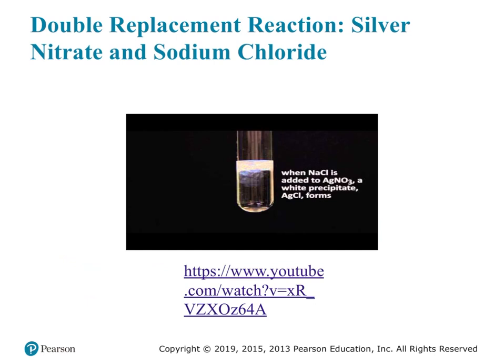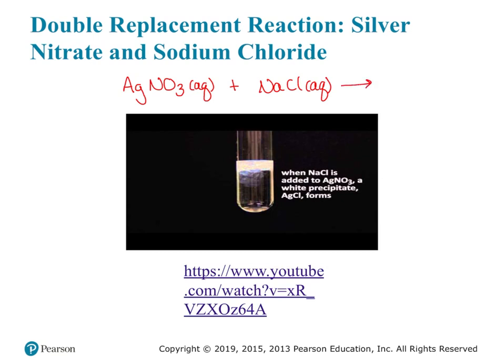Now, this reaction is also called a precipitation reaction. And the reason for that is initially AgNO3 is aqueous, so that means it's dissolved in water. And NaCl is also aqueous, so it's also dissolved in water.